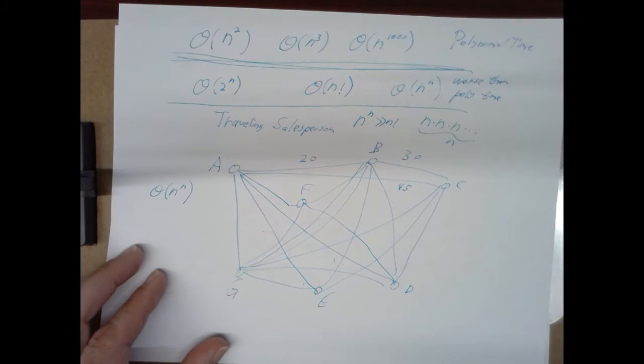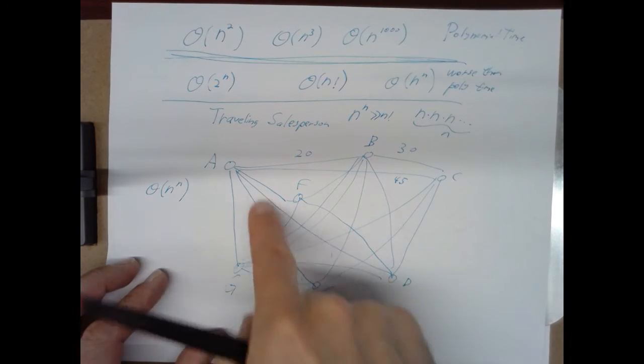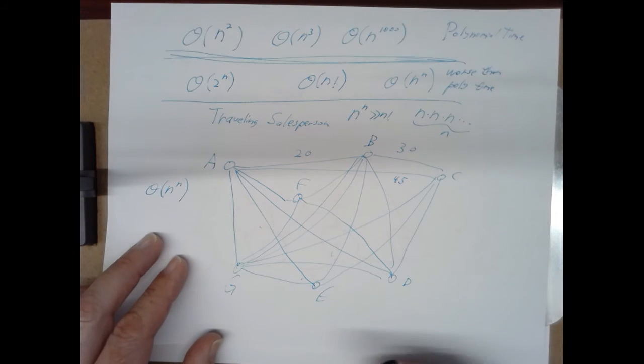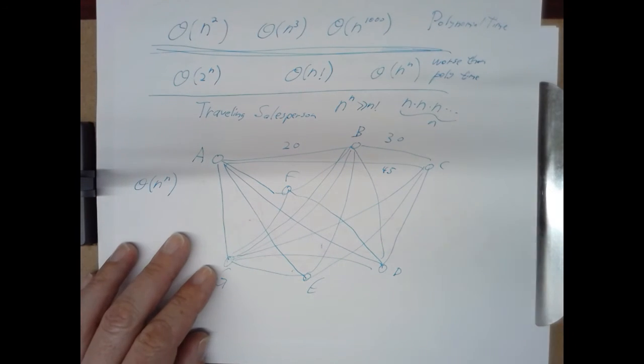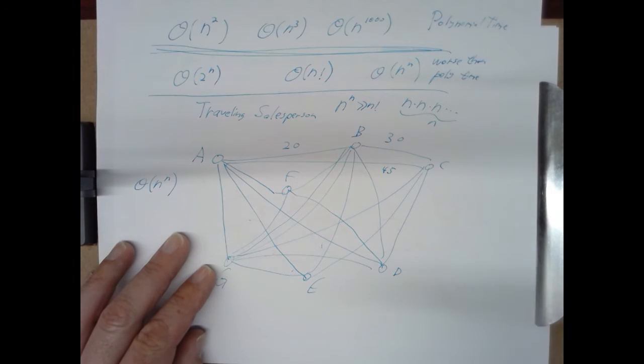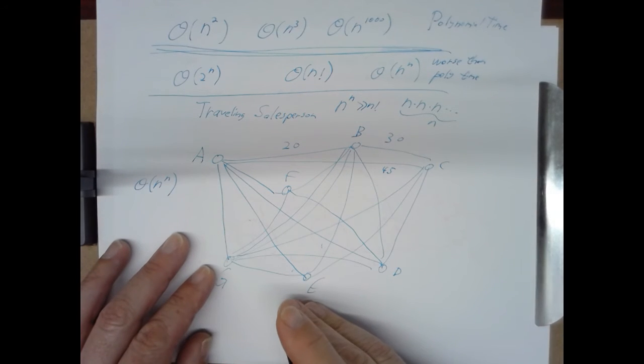If you can answer these yes-no questions efficiently, you can answer the whole traveling salesperson question efficiently. Start off with a number that's way too big, just pick one path, and say, is there a path shorter than 519? If it says yes, ask, is there a path shorter than 518, 517, 516? As soon as it says no, you've found the shortest path.